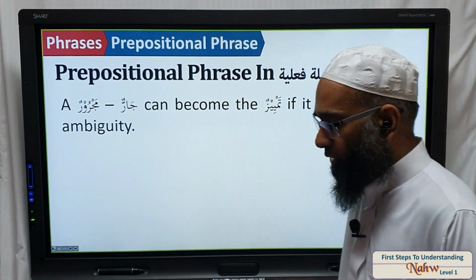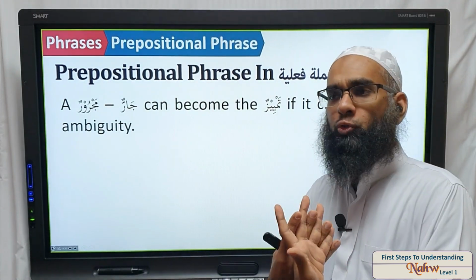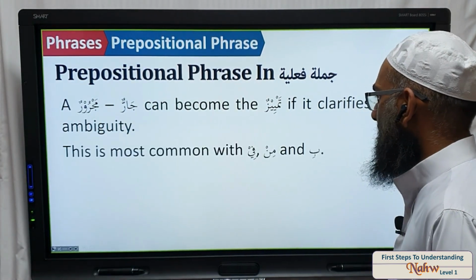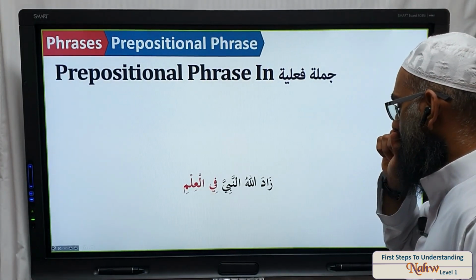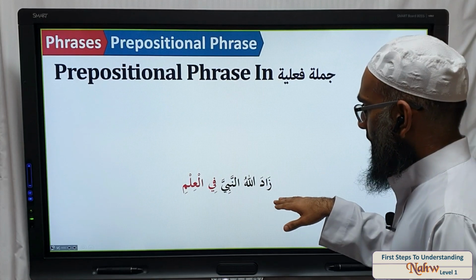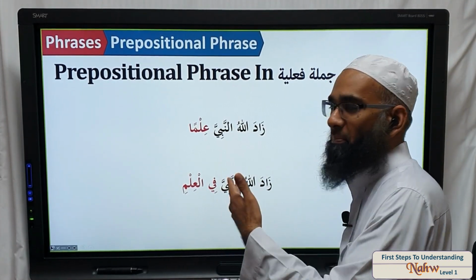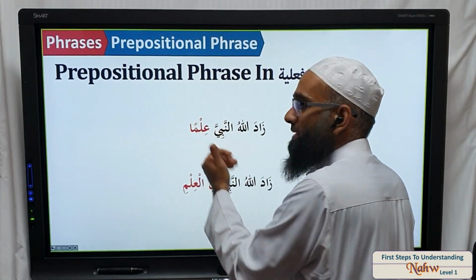Now, we have one more structure here before we move on a bit deeper, that tamyiz can also be in a jar majroor form. For example, a common one with ba, min and fi. If you look at these two structures, before, when we did tamyiz, we said, for example, Rabbi zidni ilma. So we have an easier way of saying it. Zadallahu nabiyya ilma.